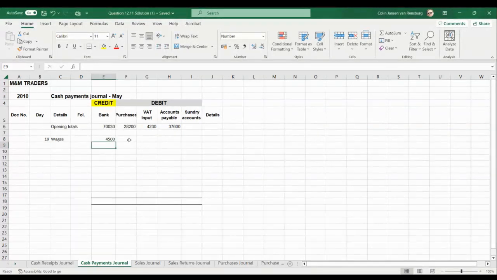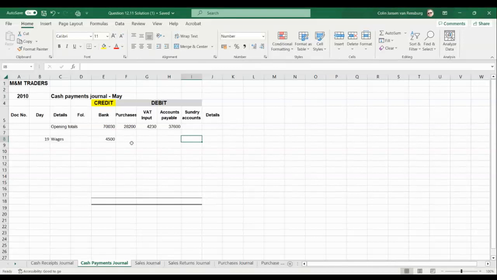Now let's see. Does that affect purchases? No, it doesn't affect purchases. Does it have any value added tax effect? No, it doesn't. We've just discussed that. Does it involve our accounts payable, our creditors? No, it doesn't. So that only leaves one possibility, and that is our sundry accounts. These columns are the ones that we use on a very regular basis, almost minute by minute or second by second.